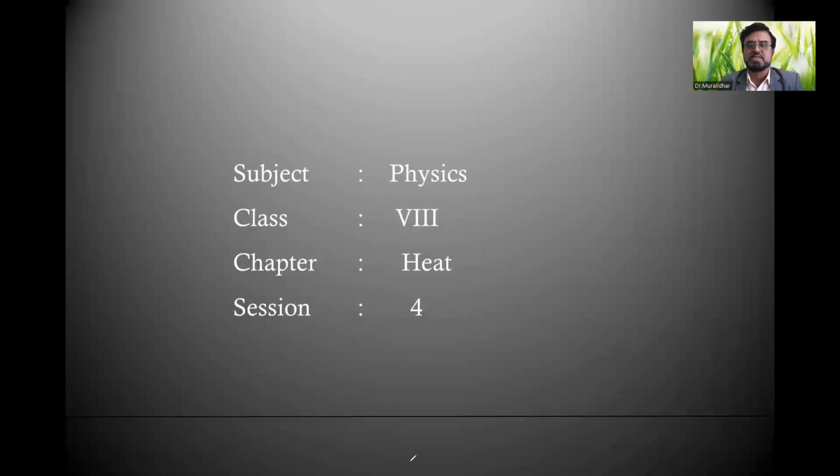As you can see on the screen, my subject is physics. We are in class 8th. Our ongoing chapter is heat, and today we are entering session number 4.